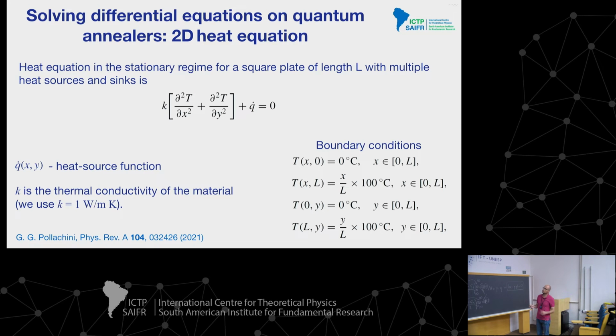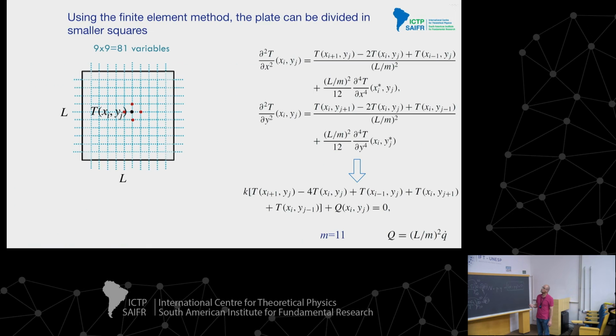The goal is to find the values of the temperature in a two-dimensional system. These here are the boundary conditions, right? We're going to solve this problem in a two-dimensional square plate with size L.